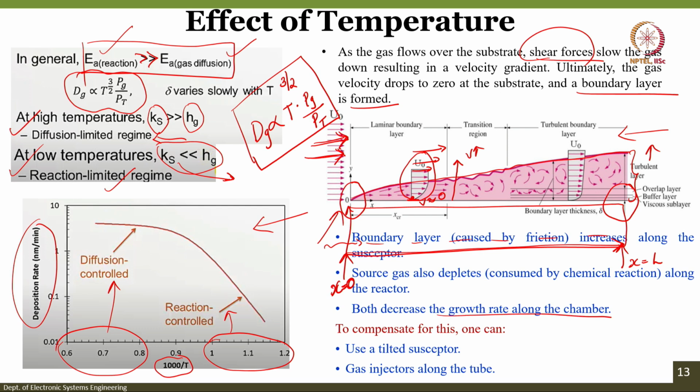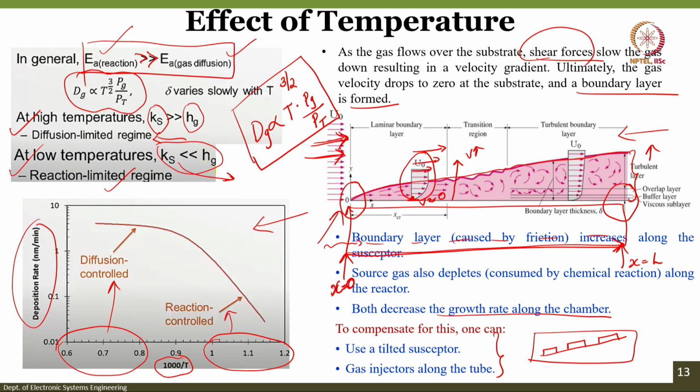To compensate for the reduction in growth rate throughout the length of the chamber, you can use various techniques. For example, in your CVD reactor you can use a tilted substrate, placed in a tilted manner to account for the reduction in growth rate due to the increased boundary layer thickness and the depletion of the precursor molecules along the length of the chamber.